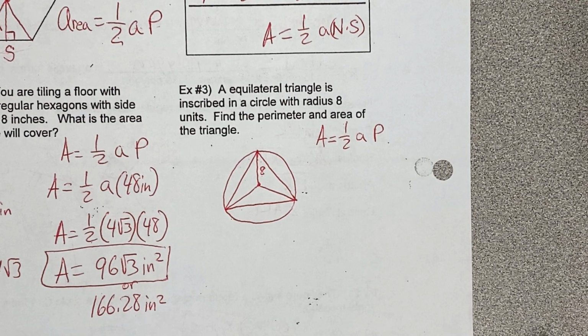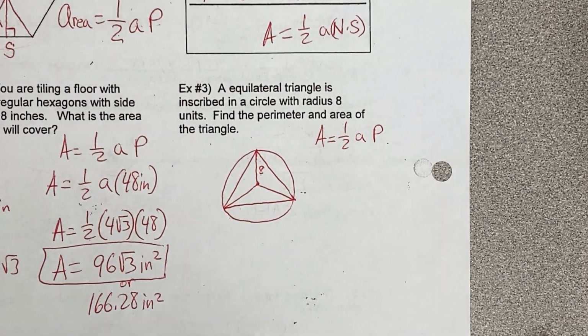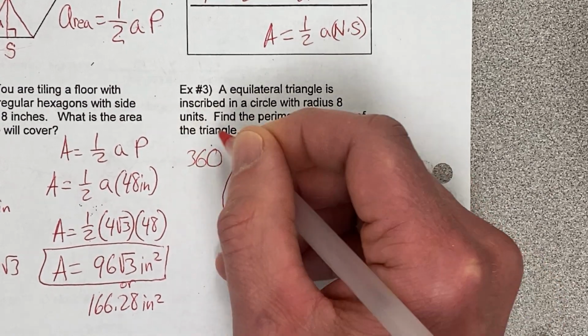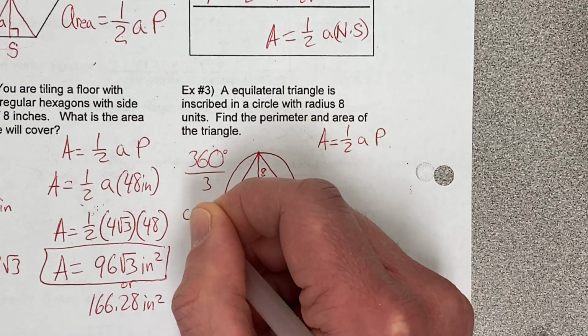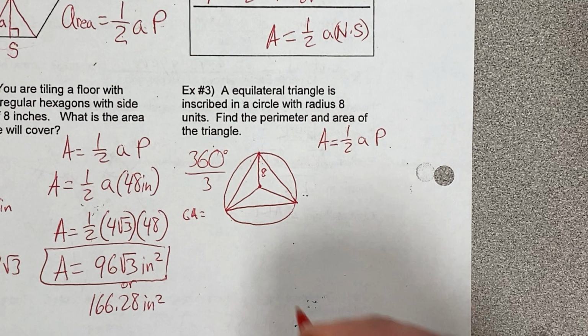But just like in the example before, if we're not given some measurements that we need, we might be able to solve for them after we know the central angle. So I'm going to go ahead and take a moment and do 360 divided by 3 sides, which means our central angle is going to be 120 degrees.